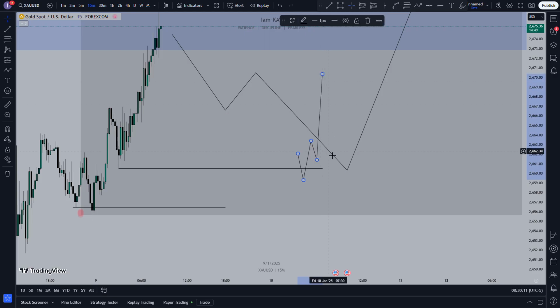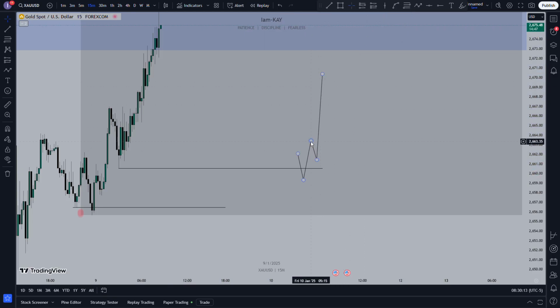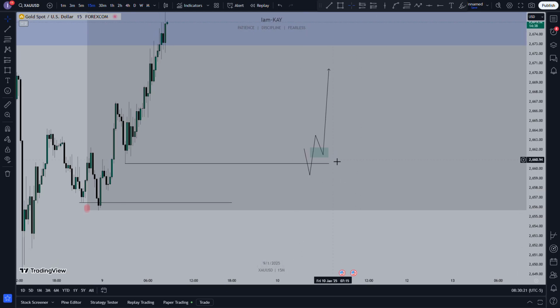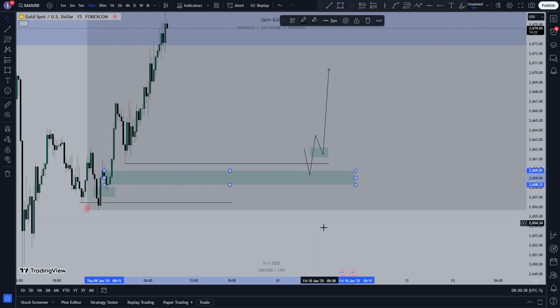Remember what I told you, what I said earlier about that sweep and then looking for an entry. So you wait for this to happen, then you can wait for price to go long.